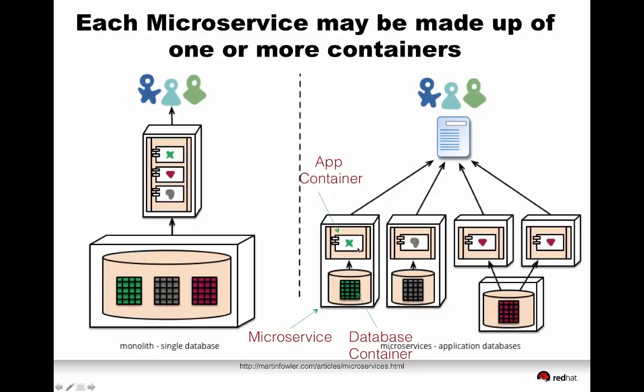You have an application container and you have a database container, and this whole thing put together is a microservice. When you consider this from OpenShift perspective, each one of these is a Kubernetes pod. So your microservice is made up of two Kubernetes pods in this case. And this particular microservice is made up of a single Kubernetes pod.